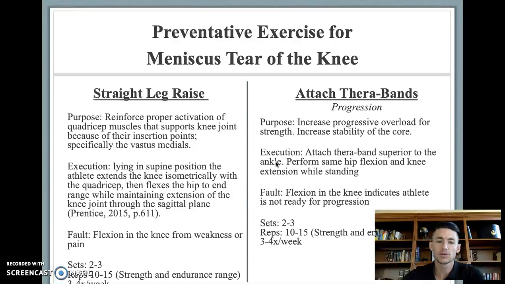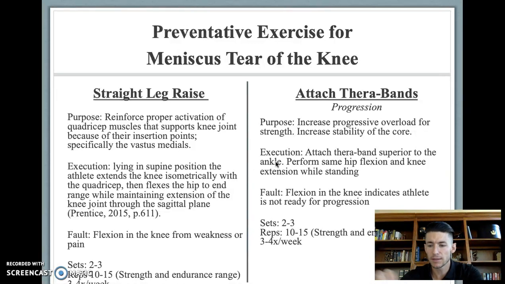Performing this for about 2 to 3 sets, 10 to 15 repetitions, which is in that strength to endurance rep range, 3 to 4 times out of the week will be adequate for preventative measures of the meniscus tear. Progression from this to increase the progressive overload and increase the core stability, you can attach a TheraBand and perform this exercise from the standing position rather than the supine position on the floor.